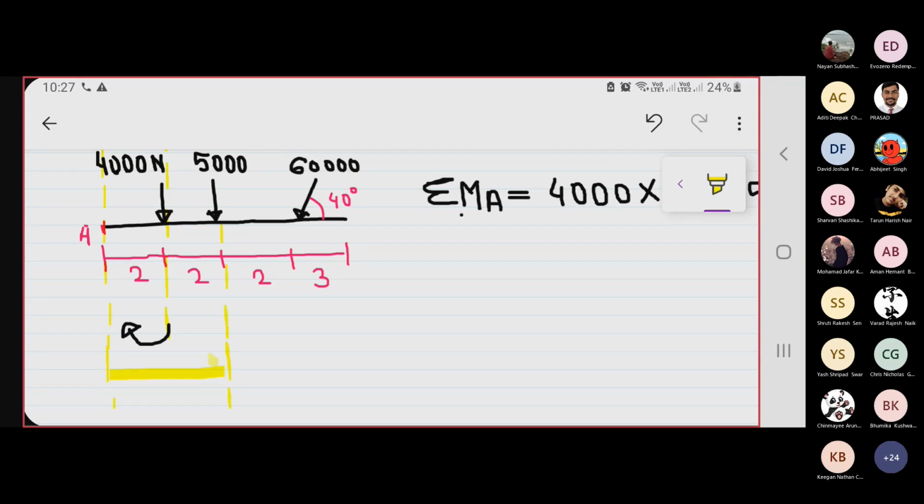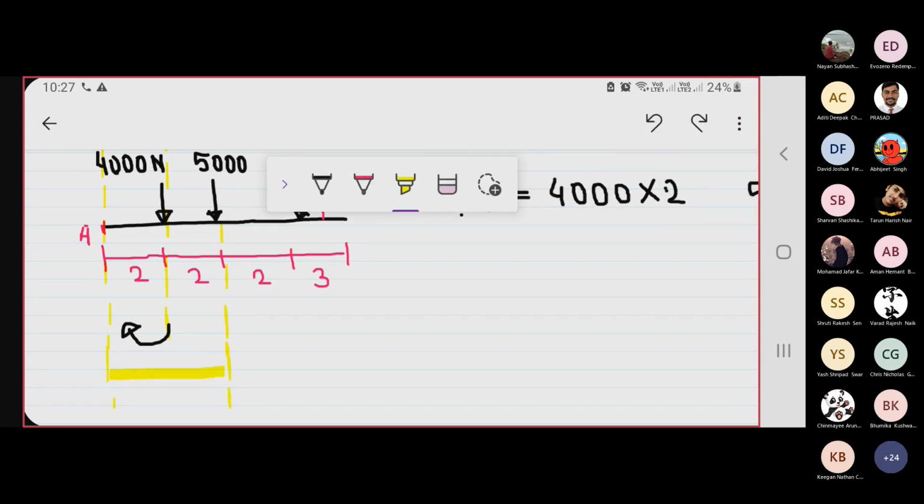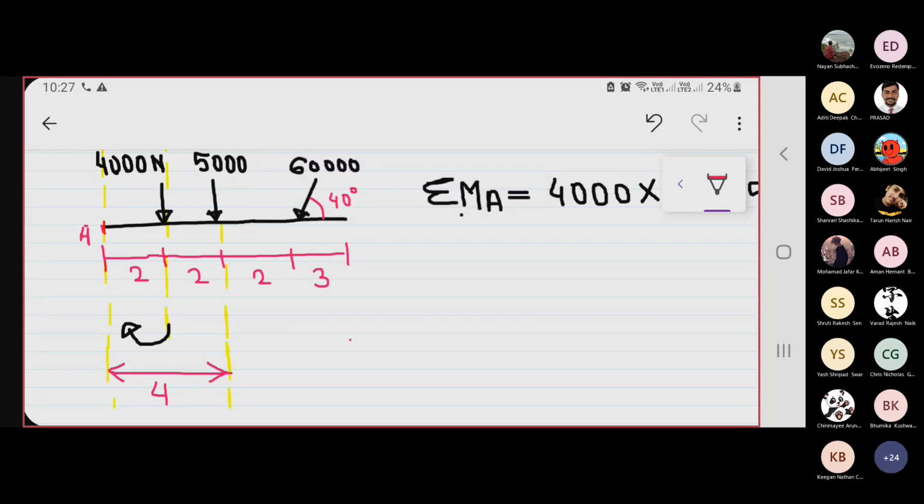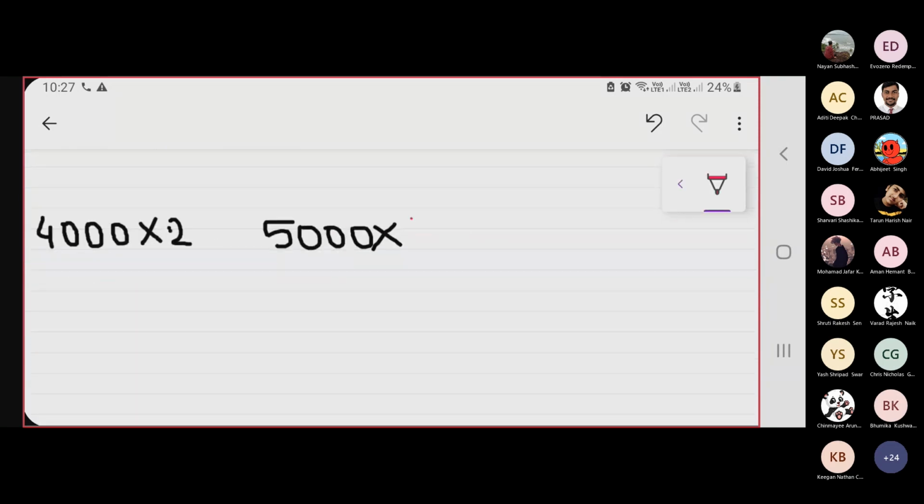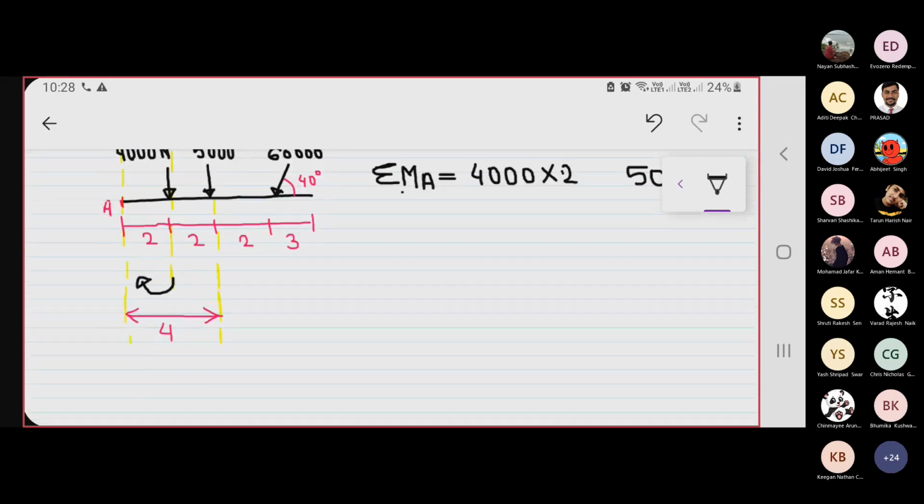It is at a distance of 4 from point A. So it is 5000 into 4. It is also in clockwise direction.